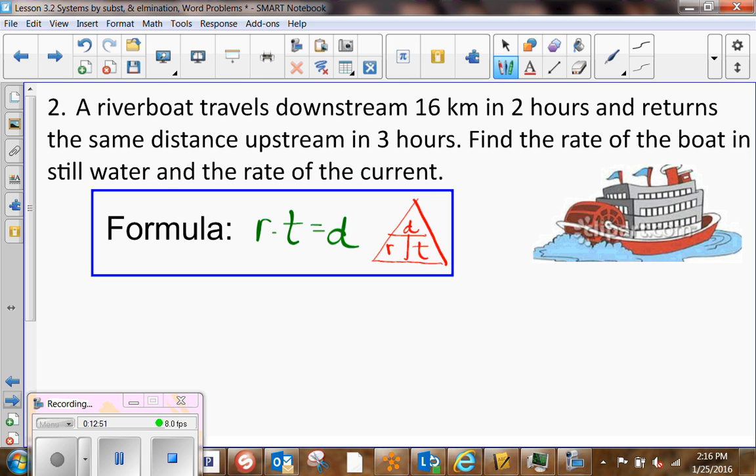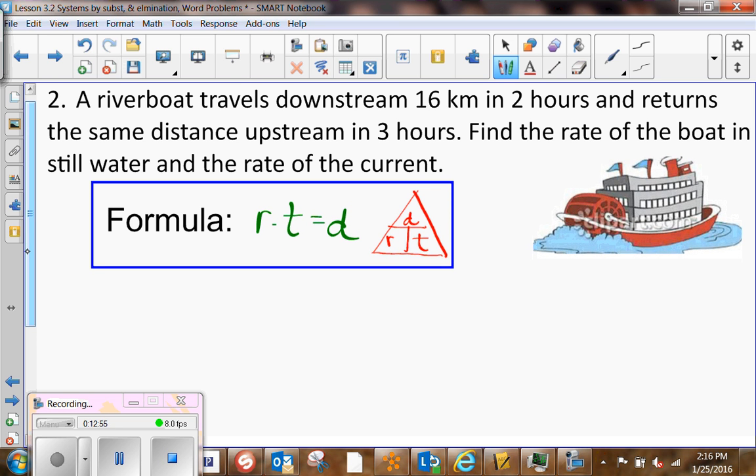All right. Since I'm in the systems chapter, I'm going to have two equations. And we've got a boat going downstream and upstream. So I'm going to label downstream and upstream. What am I looking for? I should find the rate of the boat in still water and the rate of the current.